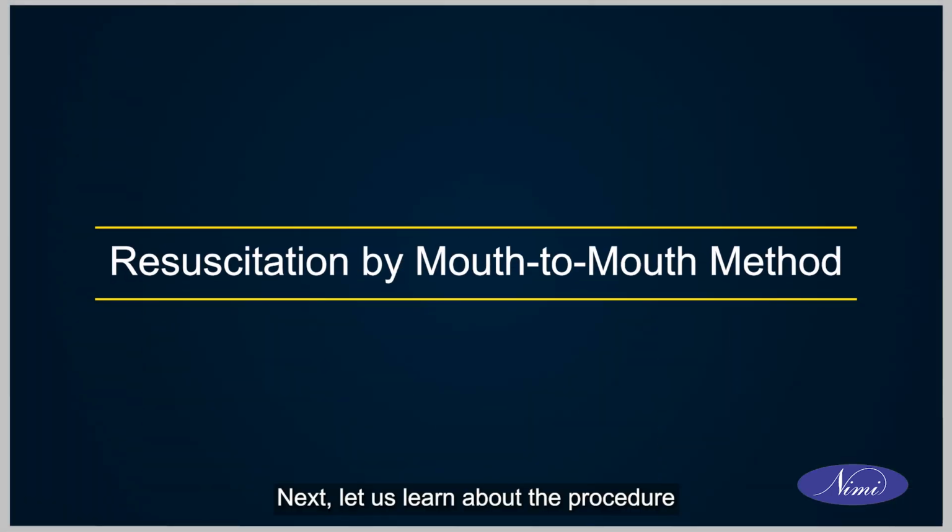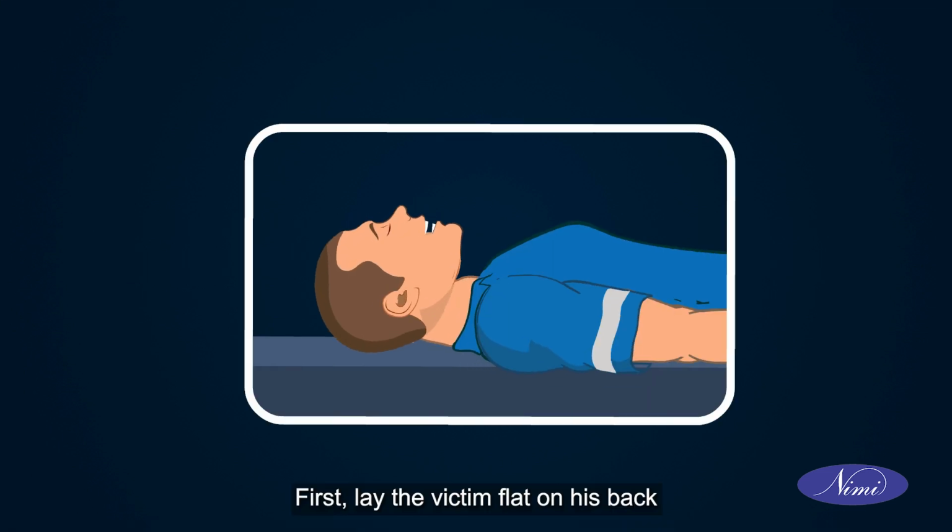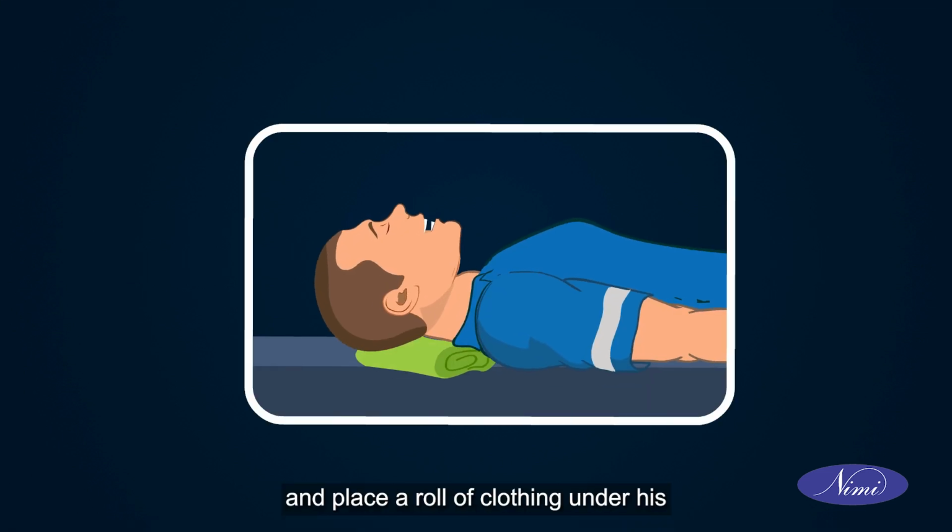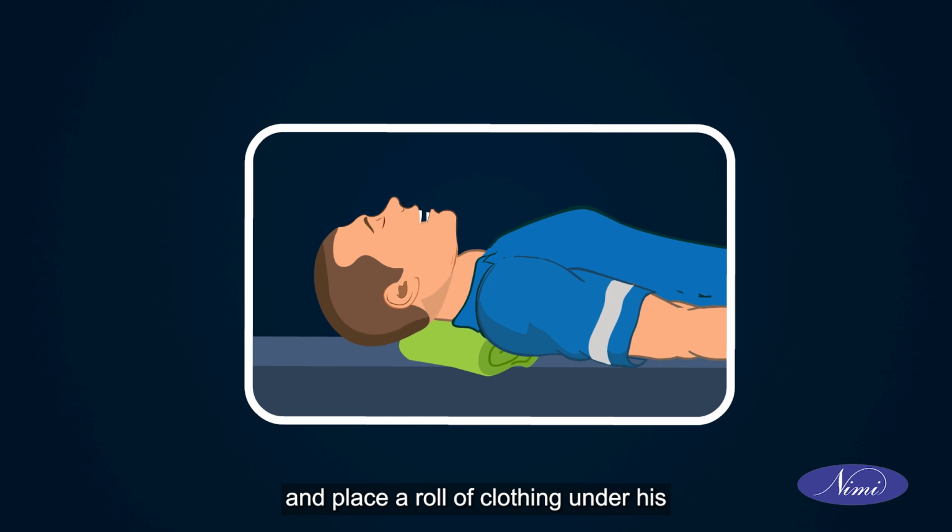Next, let us learn about the procedure to resuscitate the victim by mouth-to-mouth method. First, lay the victim flat on his back and place a roll of clothing under his shoulders to ensure that his head is thrown well back.